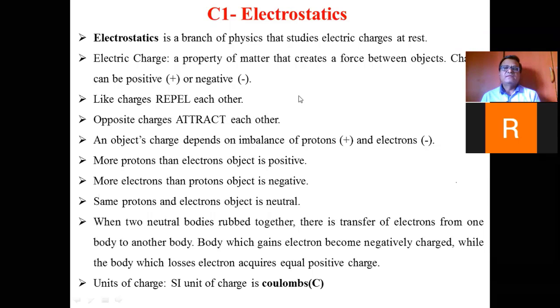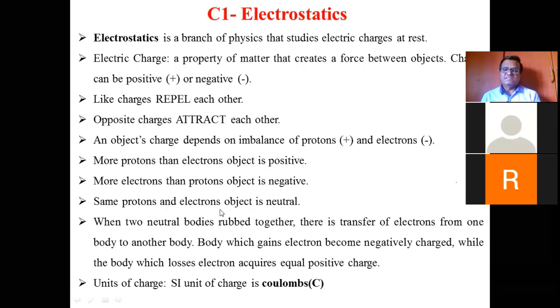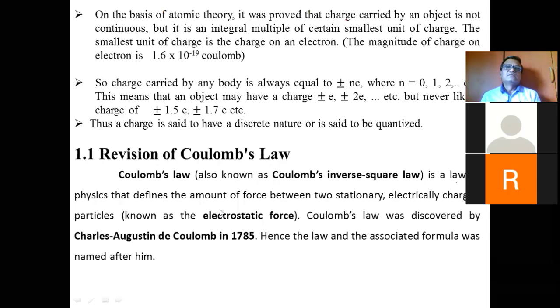Also, we know that like charges repel, and opposite charges attract. This is the concept of charges. Also, we have seen that on any matter, the minimum charge is 1.6 into 10 raised to minus 19 coulomb.